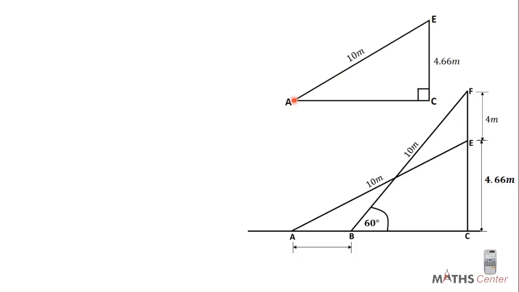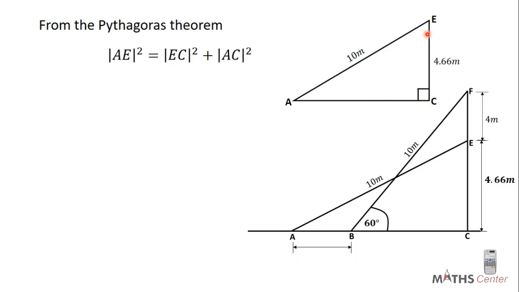Okay, so considering this triangle AEC, we know that AE is 10 meters, and we also know that EC is 4.66 meters. So we can find AC from this triangle. Applying the Pythagoras theorem on this triangle, we will have AE squared is equal to EC squared plus the side we are looking for, which is AC squared.